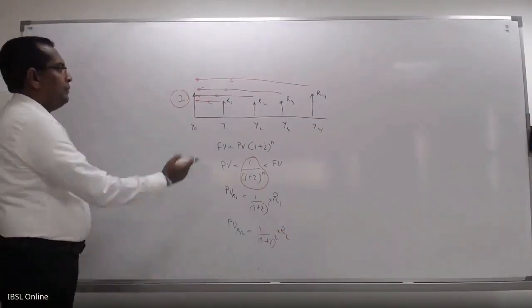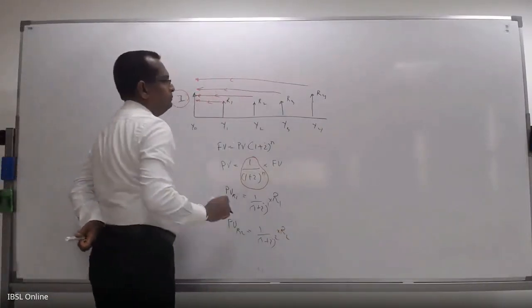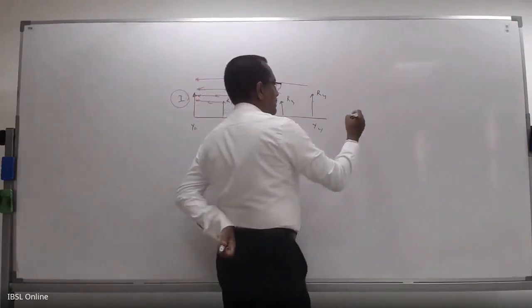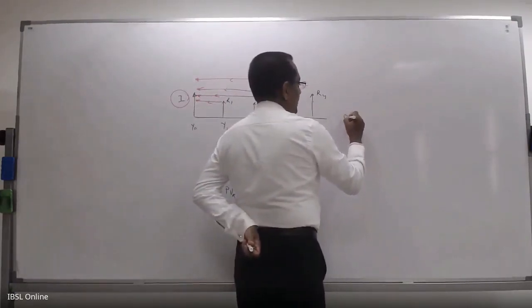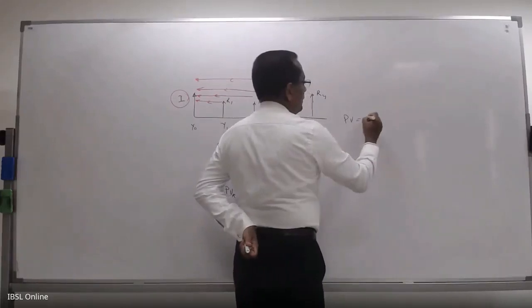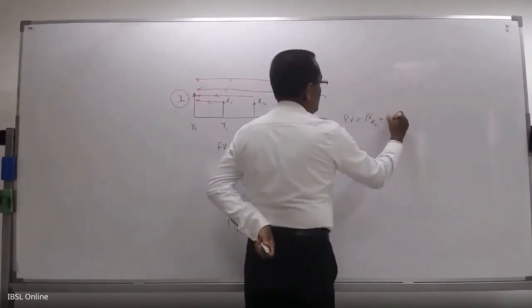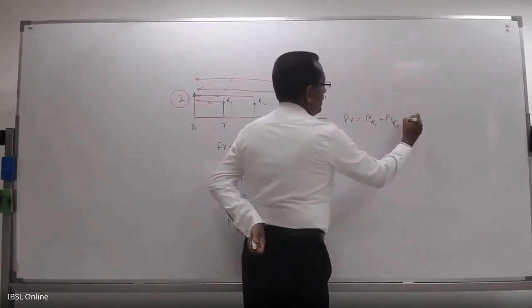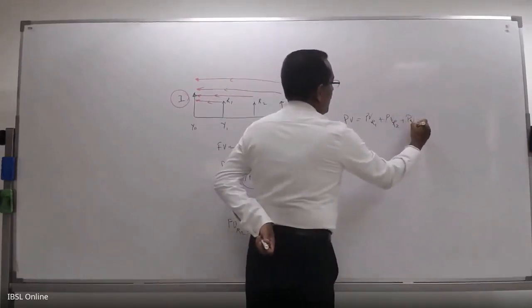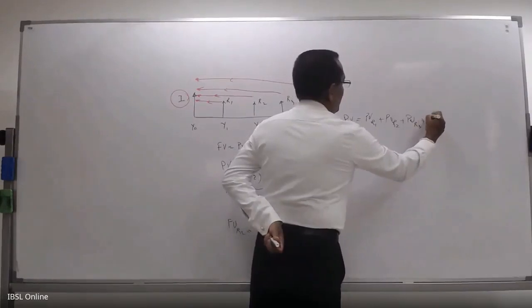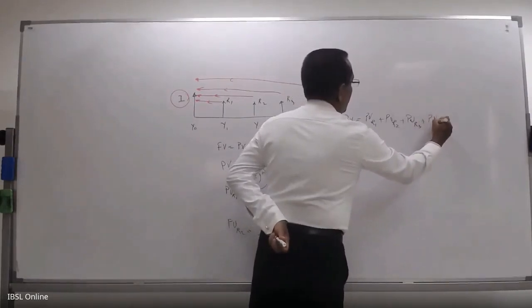So similarly, we bring everything together. Then we add up: total present value equals present value of R1 plus present value of R2 plus present value of R3 plus present value of R4.